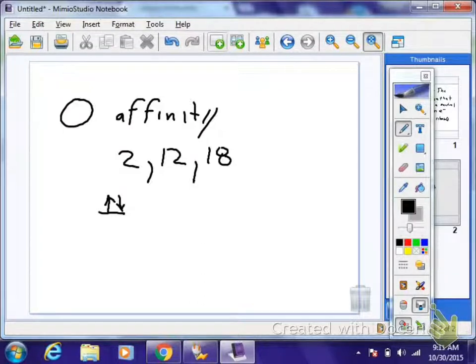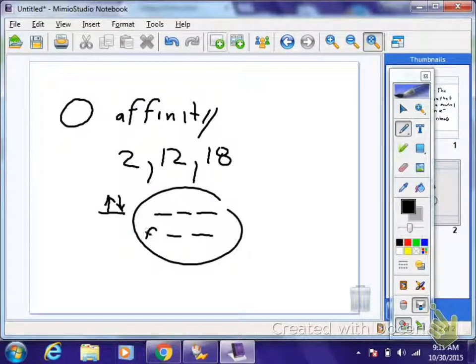So for d, there are no rooms because they're all full. No room. And then you have group 18. Of course, I'm not going to draw that. But group 18 has a full p subshell. No room. It's full. So there's why there's a 0 affinity.